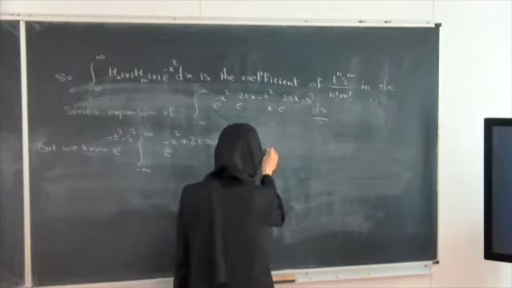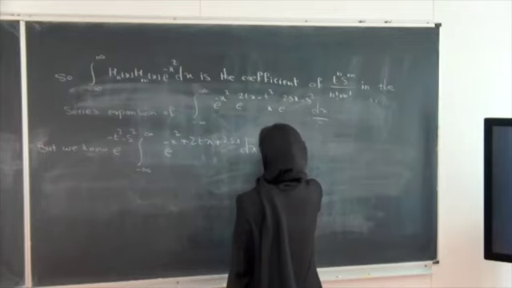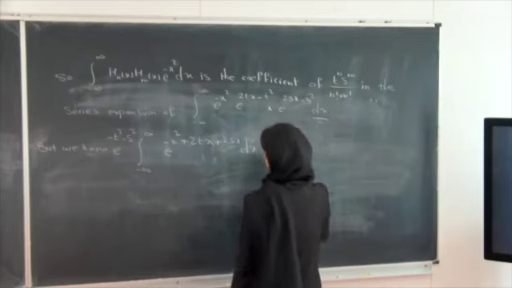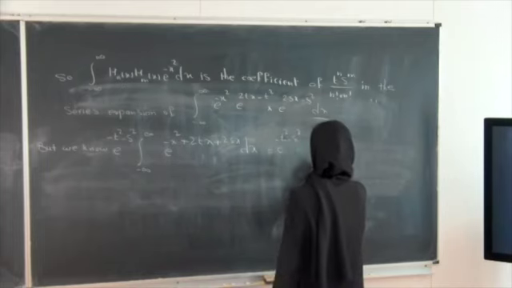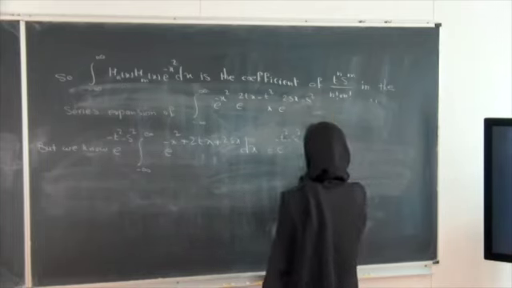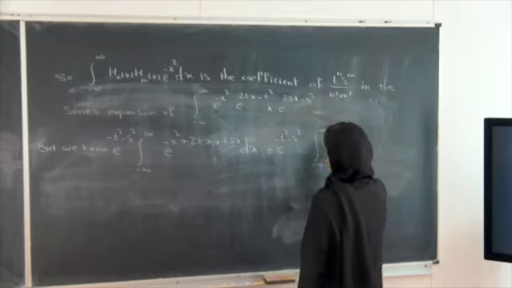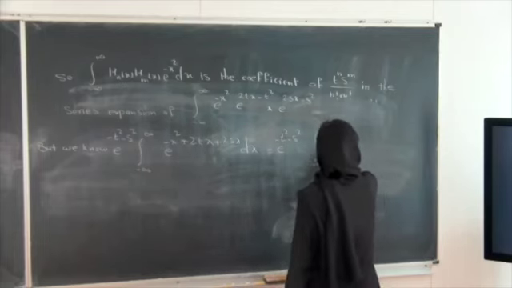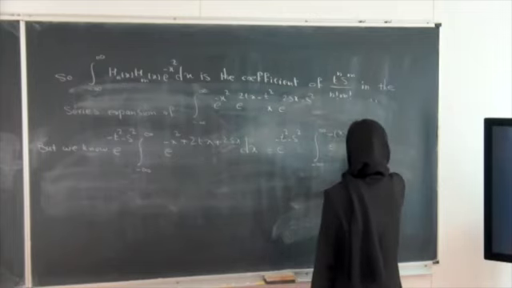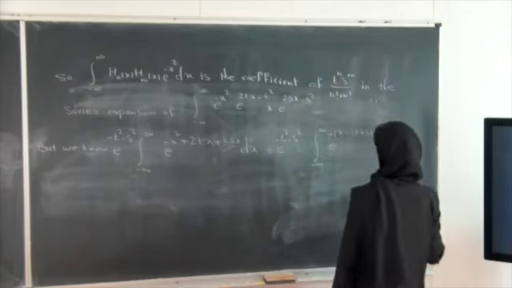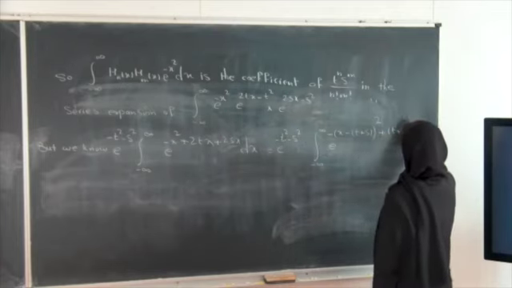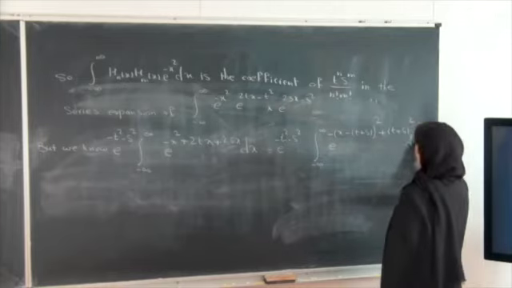And also we can write it as e to the minus (x minus (t plus s)) squared plus (t plus s) squared dx.